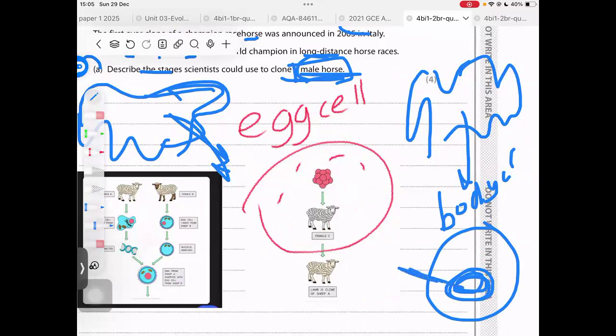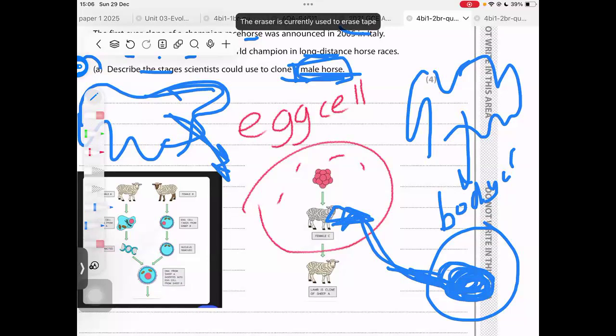So here, what you are trying to do is insert the DNA from this body cell into this egg cell. You are taking this DNA out of the body cell and inserting it into this egg cell. You can do that by giving an electric shock.